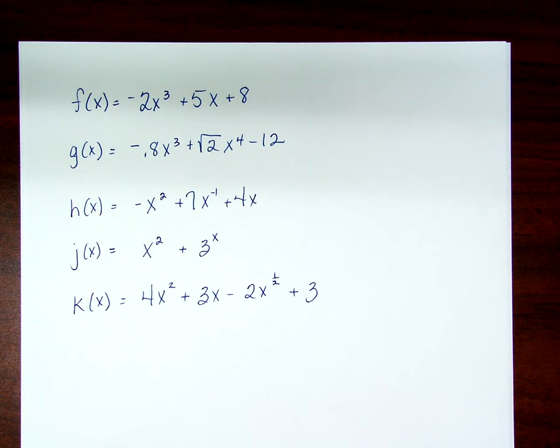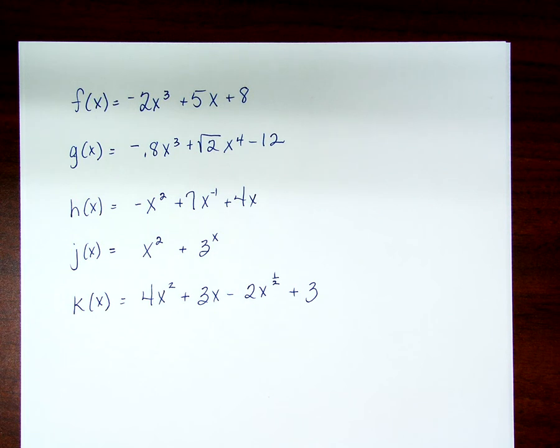Why is j also no? How do you know that? You don't. That's the thing. By definition, a variable is something you don't know, right? So you can't, in fact, assume that x is a whole number or not. So we just say no, it's not a polynomial function because we don't know for a fact that all the exponents are whole numbers.